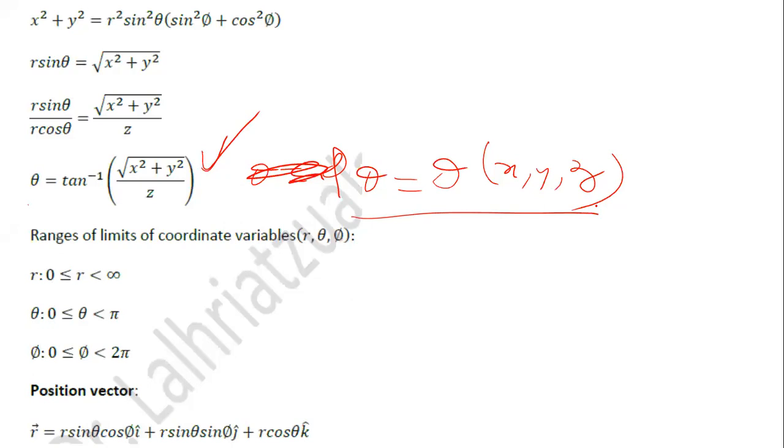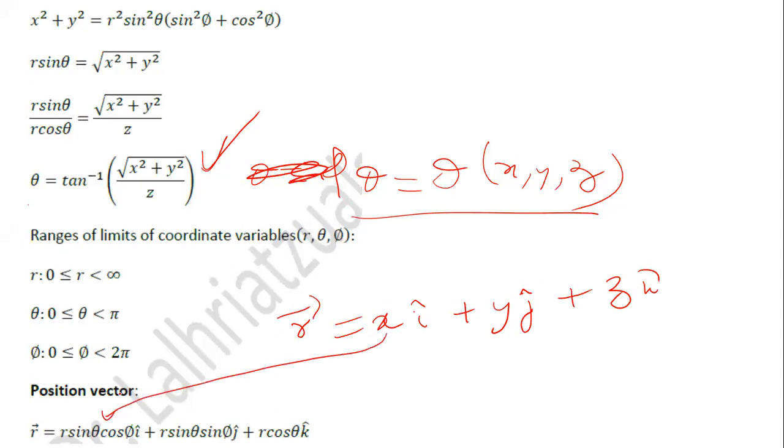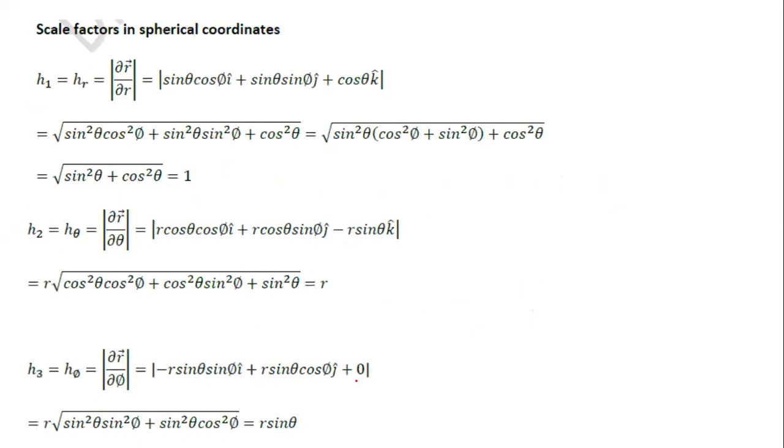Okay, now what is the position vector? Position vector, you know that this is x i cap plus y j cap plus z k cap. So you simply put x as r sine theta cos phi, y as this, and z as this. This is your position vector. Once you have the position vector, then you can obtain your scale factors.